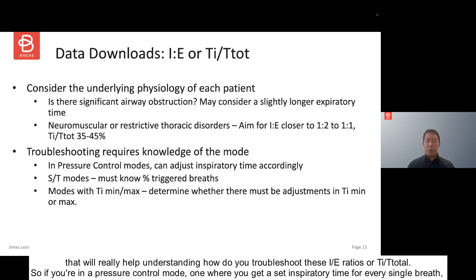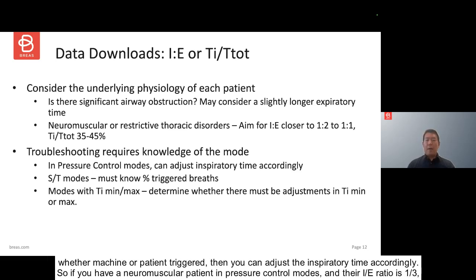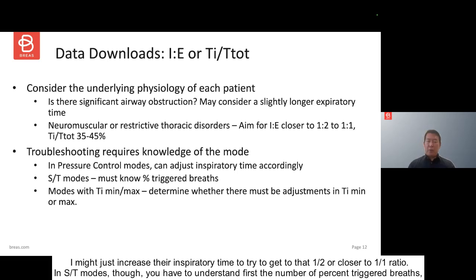So if you're in a pressure control mode, one where you get a set inspiratory time for every single breath, whether machine or patient triggered, then you can adjust the inspiratory time accordingly. So if you have a neuromuscular patient in pressure control modes and their I/E ratio is 1 to 3, I might just increase their inspiratory time to try to get to that 1 to 2 or closer to 1 to 1 ratio.